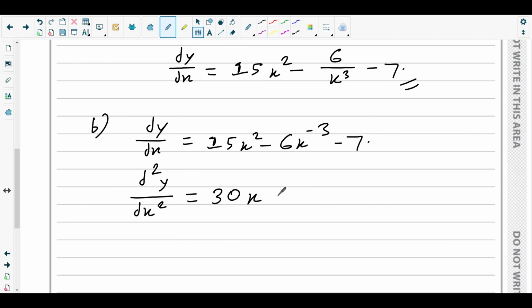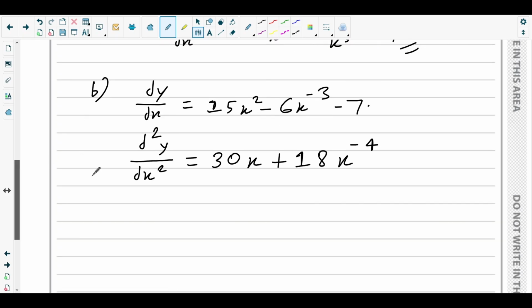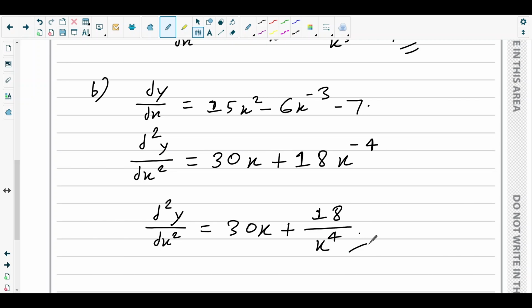So negative 3 times negative 6 gives you positive 18, and then we subtract 1 from the power, so it becomes negative 4. The differentiation of a constant is 0. So we got the second derivative, d squared y over dx squared, which is 30x plus 18 over x to the power 4. That's it.